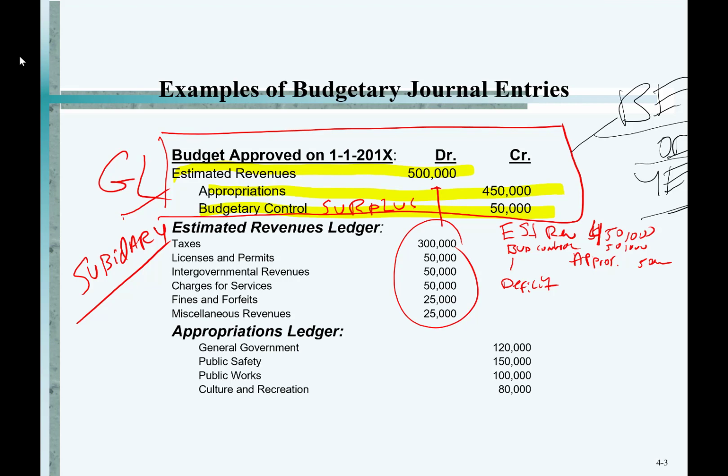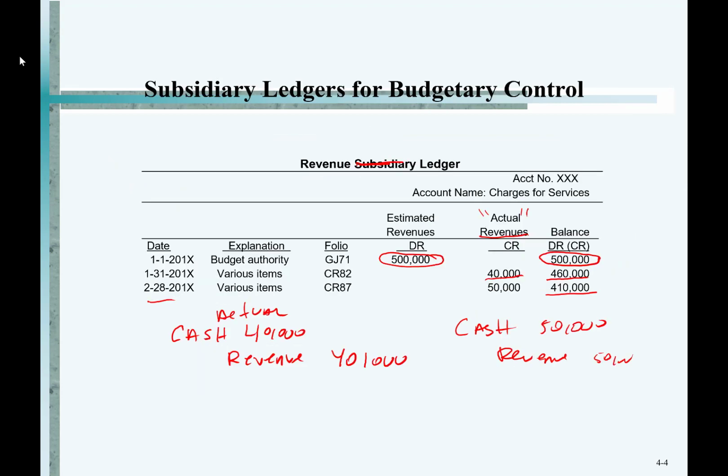Now you start feeling a little bit creepy with this because you're sitting there saying, wait a minute, you're telling me I debit a revenue account? That's weird. So let's take a look at what happens with that debit. I put up our revenues ledger. I struck out the word subsidiary because I was just using something the book had, and I don't want to get into the subsidiary, but I wanted to use this table.